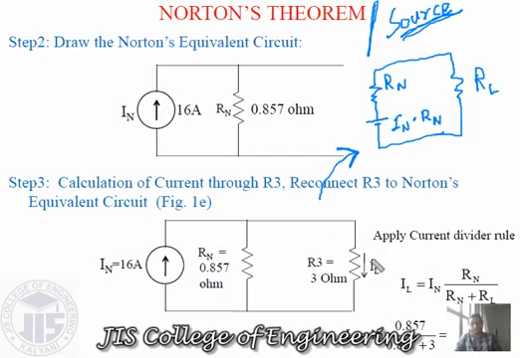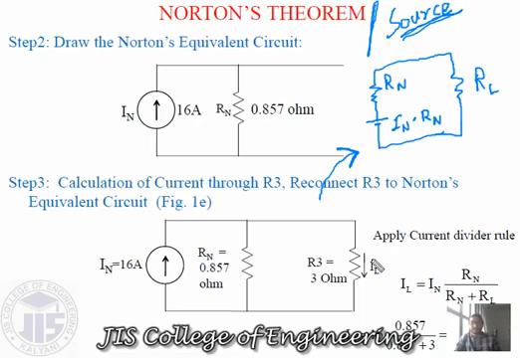So in Thevenin's theorem we connect the voltage source, the Thevenin resistance and the load resistance in series with each other, and for Norton's theorem we connect the Norton current, or short circuit current, the Norton resistance and the load resistance in parallel with each other.